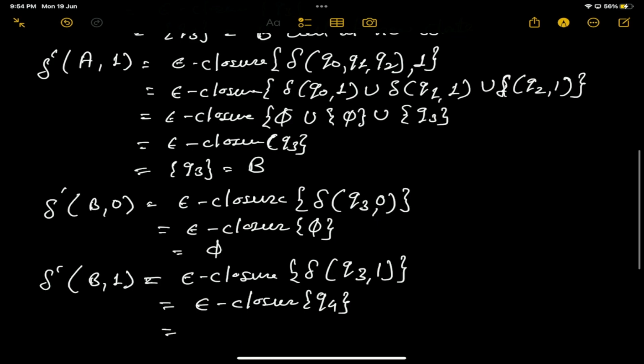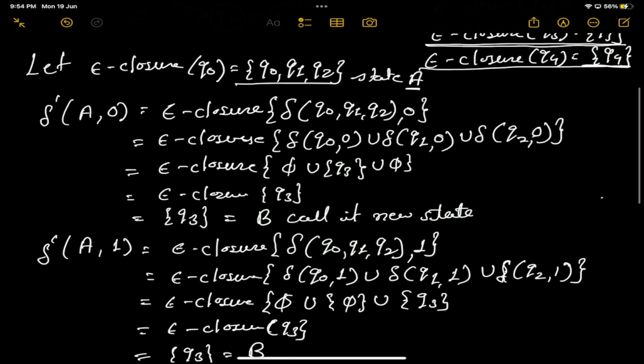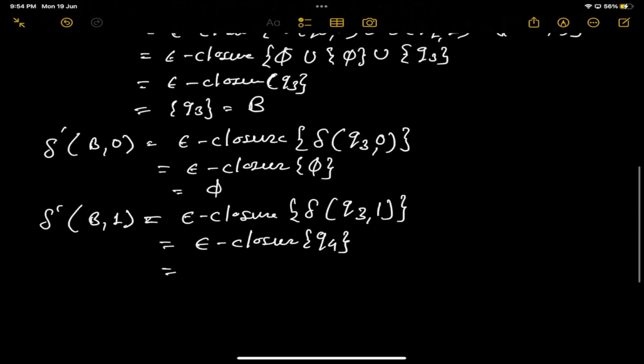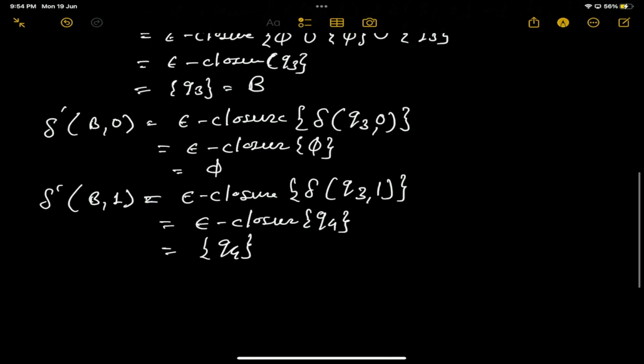Now the epsilon closure of Q4 is Q4 itself. Call this the next state, state C.